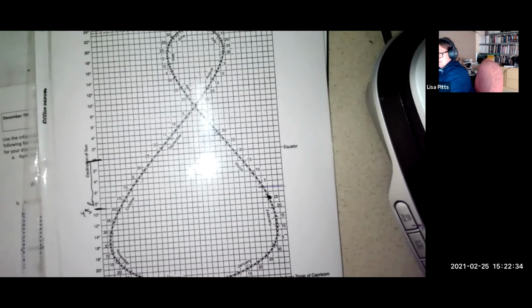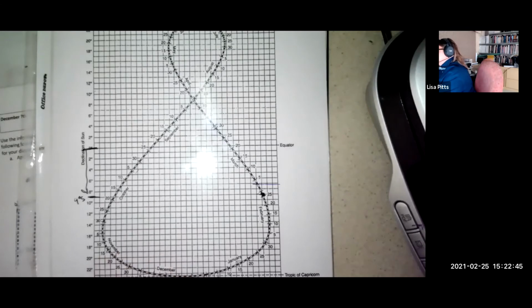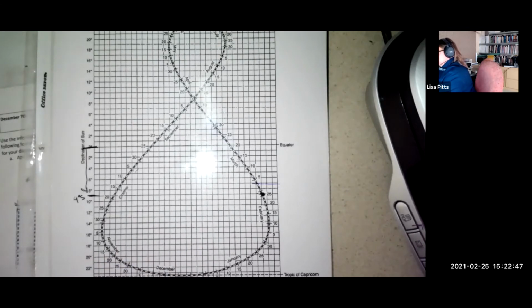Here's the equator here. So had I been at 9 degrees south today, anywhere on that line of latitude, at any longitude, at noon, I would have had no shadow.